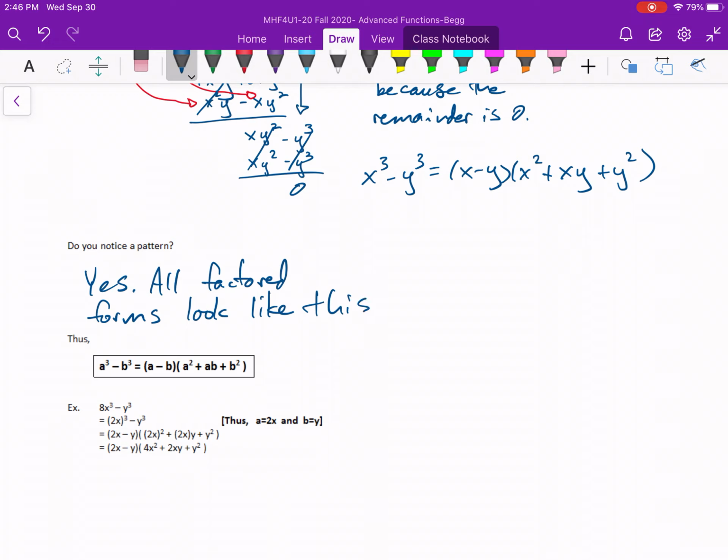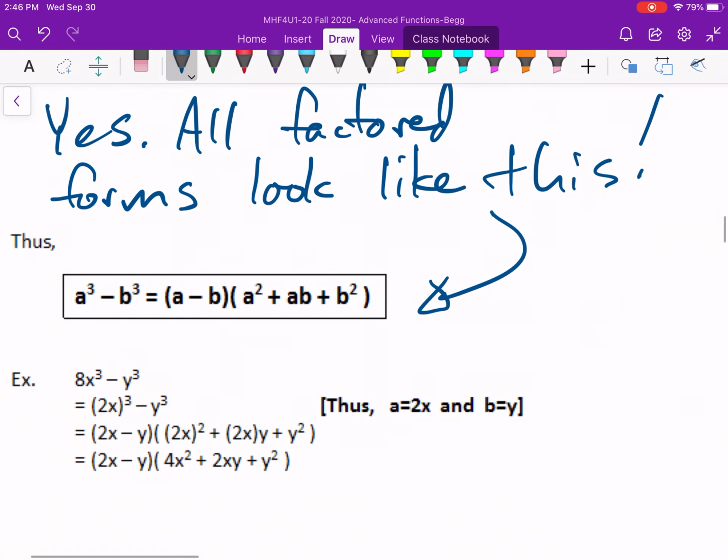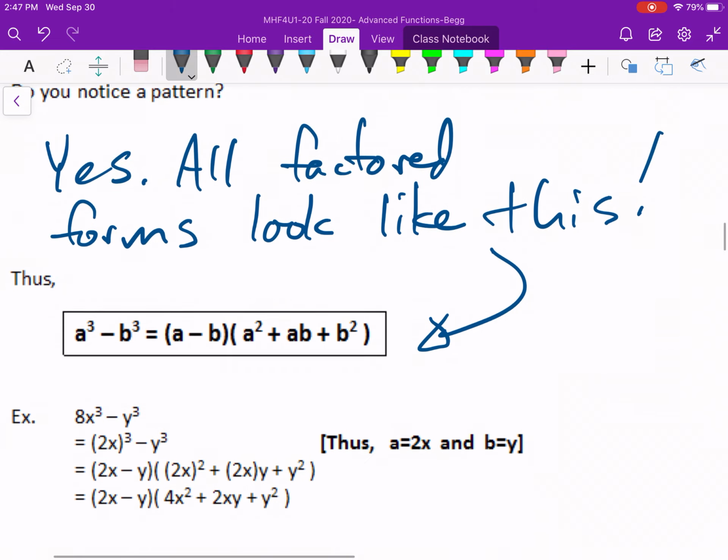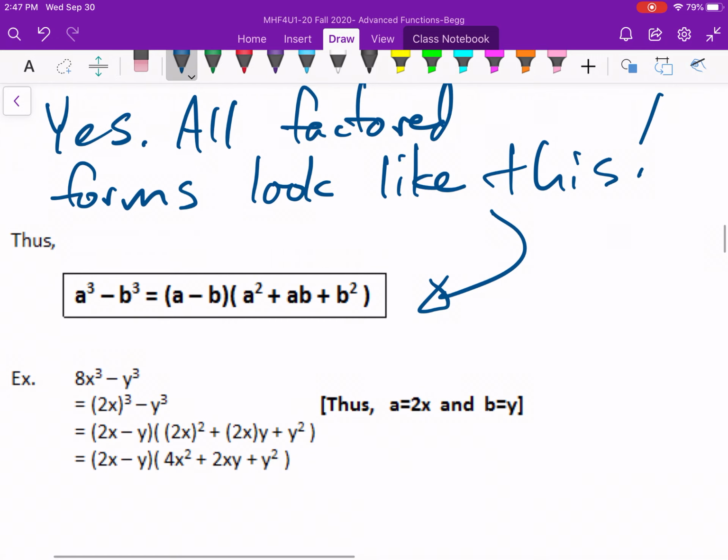They look like this. So if we start with a difference of cubes, and let's just call it a cubed minus b cubed, so a and b can be any terms, then it seems like we always just get a minus b times a squared plus ab plus b squared. So here's an example. Let's cover this one up and just go through it together.